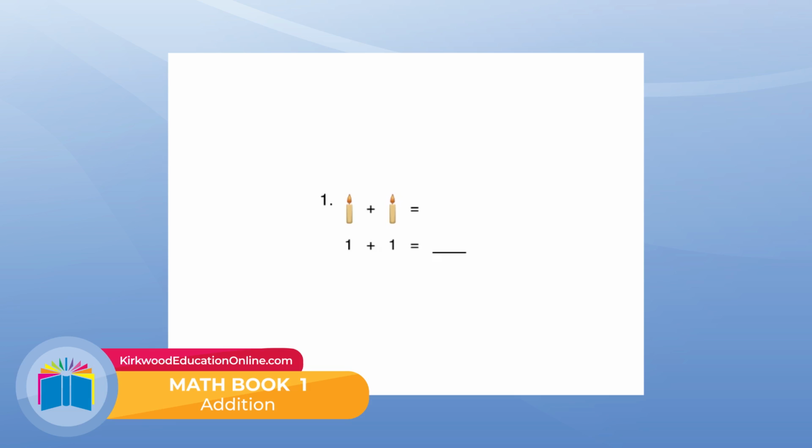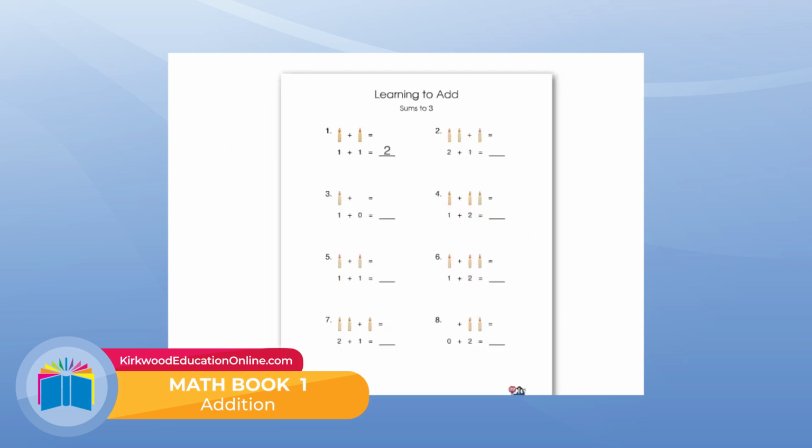We have it in math or addition equations. 1 plus 1 equals how many? Equals 2. So you're going to, like I have in this example, write the number 2 as carefully as you can on the line. Do the very best job you can.